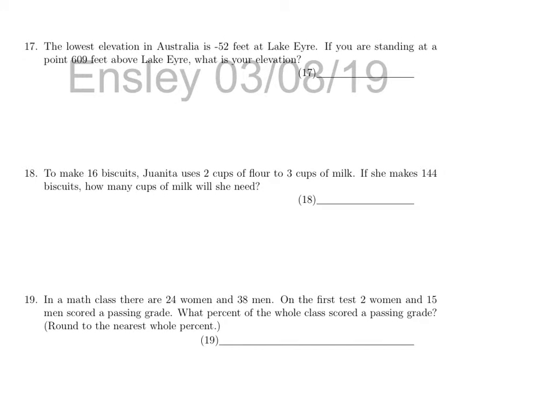So if I have sea level, then this lake, so Lake Eyre, whatever it's called, is 52 feet below sea level. And this is saying I'm standing 609 feet above that lake. So 609 feet above Lake Eyre.